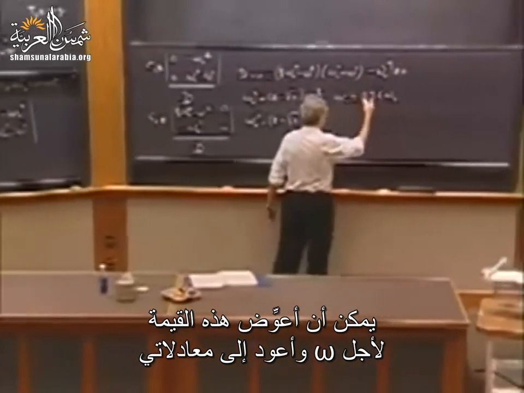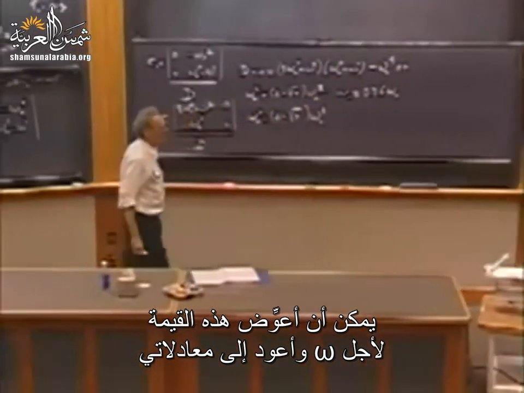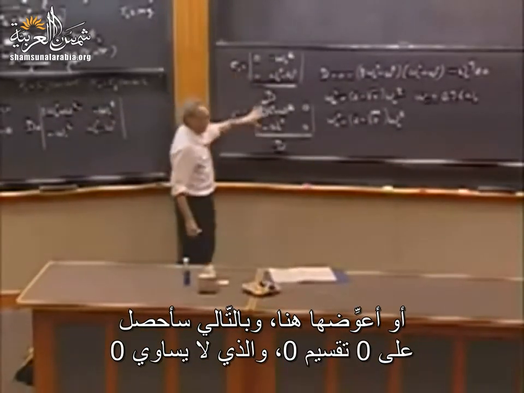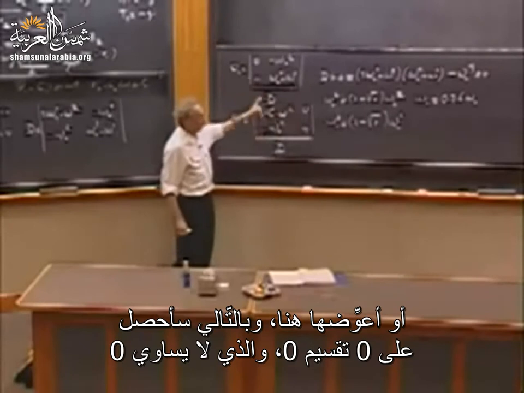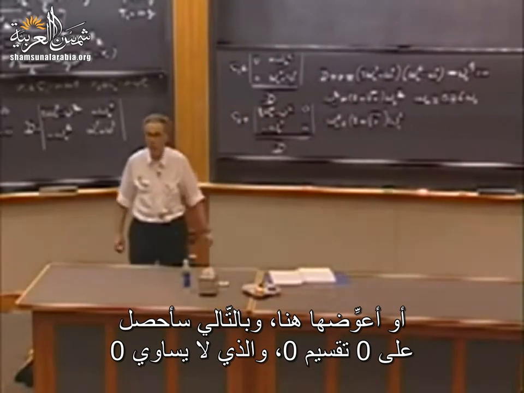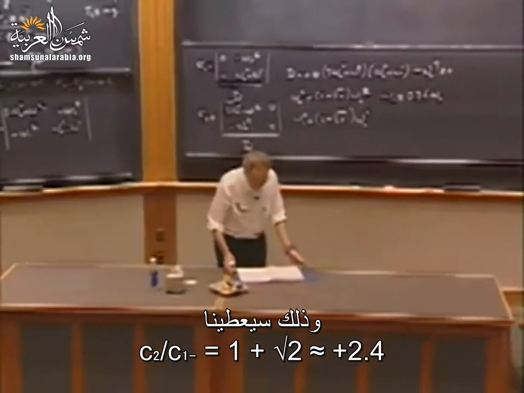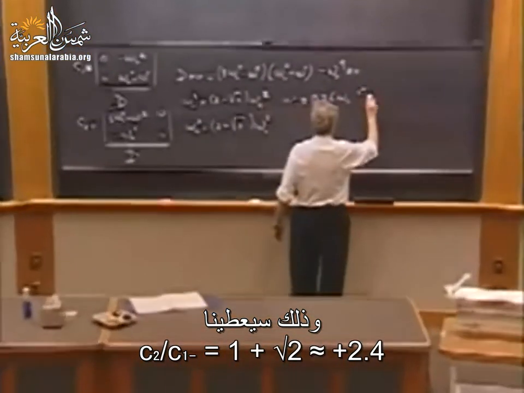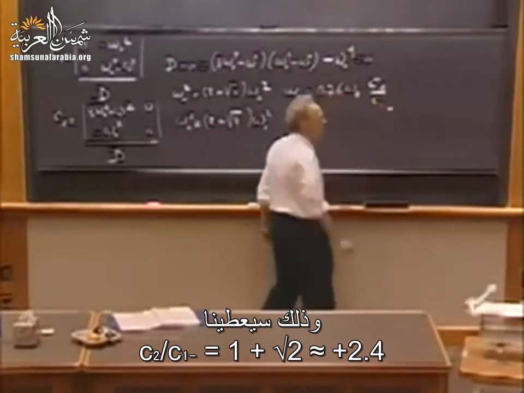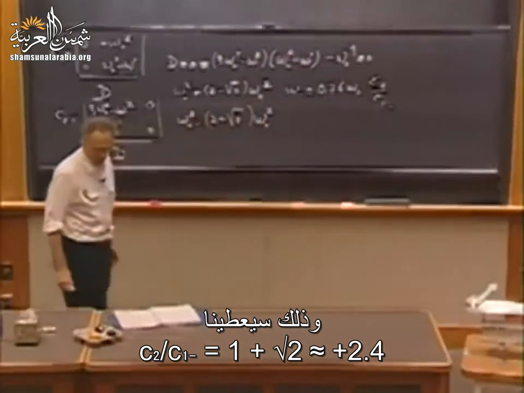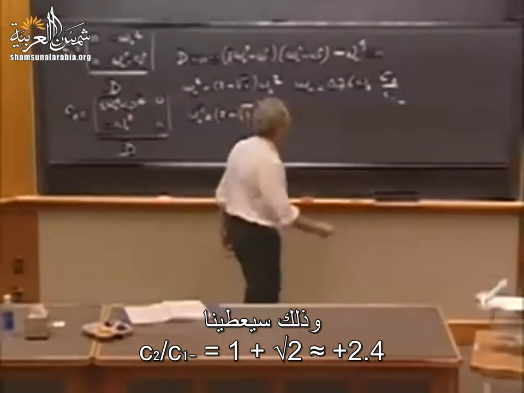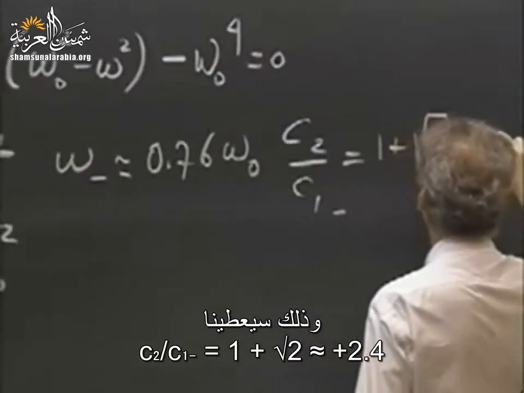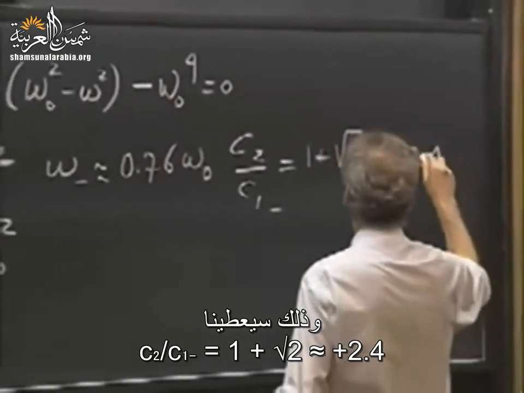And then I can substitute this value for omega back into my equations, or back into this one if you want to. You get 0 divided by 0, which is not going to be 0. And you're going to find then that C2 divided by C1 in that minus mode, in that lowest possible mode, is 1 plus the square root of 2, which is approximately plus 2.4.